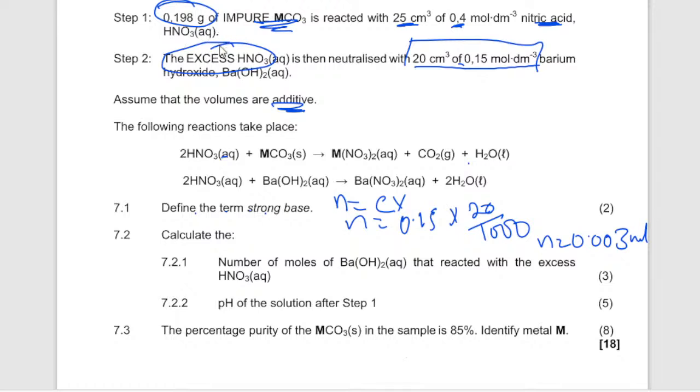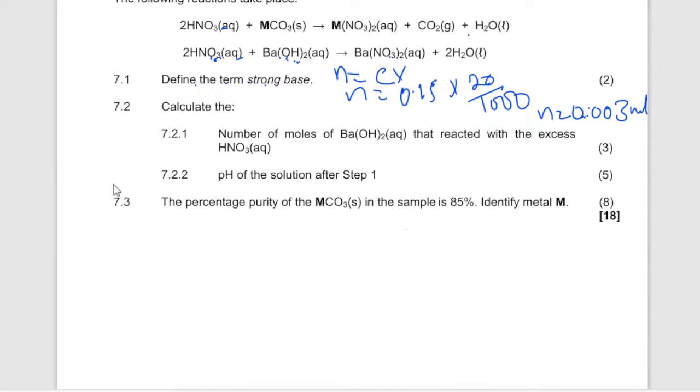But now we have to first compare the number of moles of barium hydroxide to the nitric acid, because we know the number of moles of barium hydroxide, then automatically we can find the number of moles.